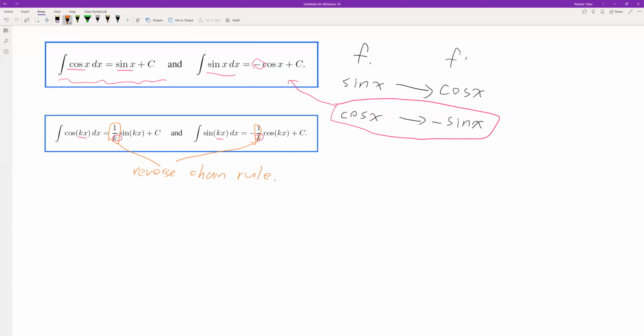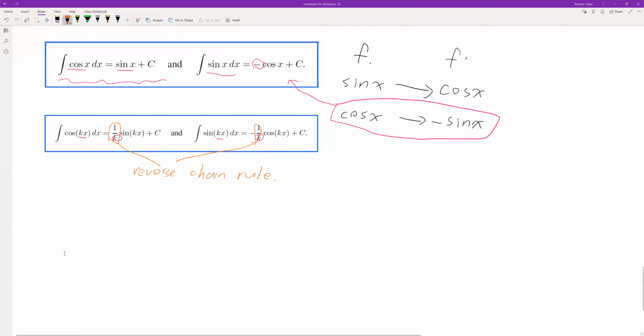But for now, we're not going to go too deep about it. Later on, we will see when we look at more general forms what a reverse chain rule is. But for now, you can just use these two formulas to help you integrate any examples with sine and cosine.